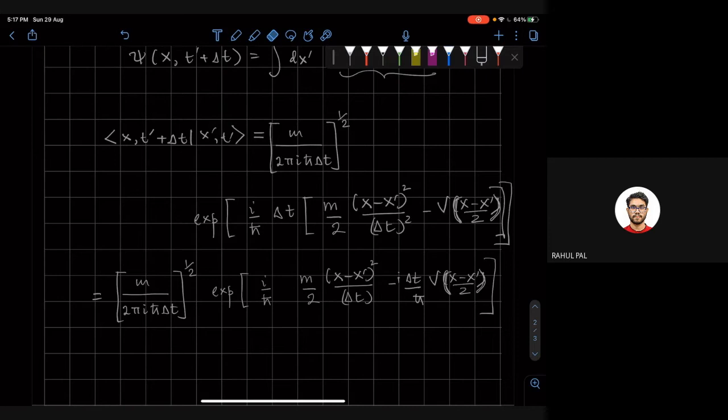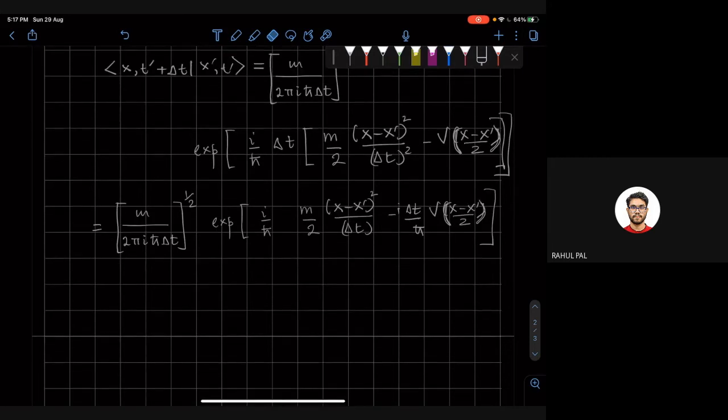Okay. So now let's define psi, which is x prime minus x, the difference between the final and the initial position.